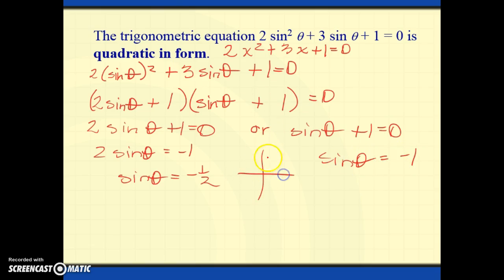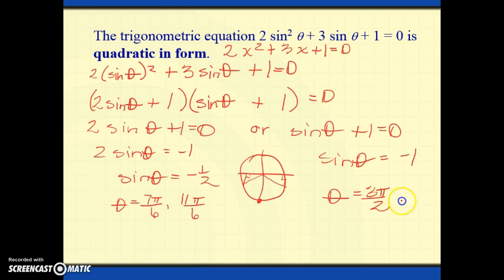So we go back to our unit circle. I am down on this end of the x-axis. So these are the 2 angle measures where my y values are going to be smaller. So I have theta equals 7 pi over 6, or theta equals 11 pi over 6. Here, sine is -1 at this quadrantal angle, so theta would be 3 pi over 2.